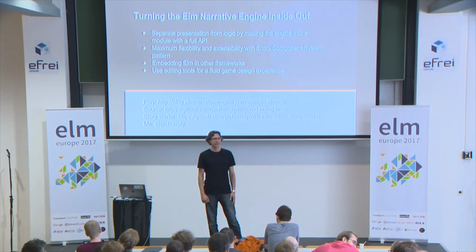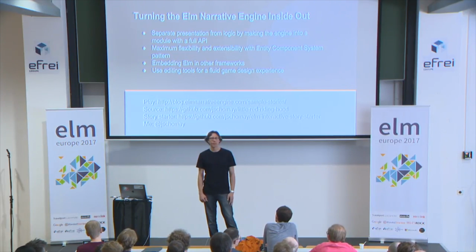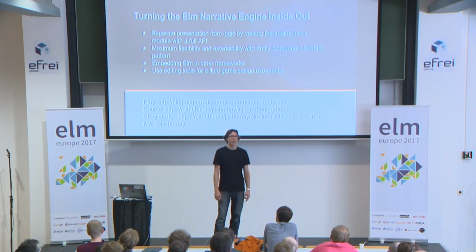Thank you. I also played around with Phaser before, but before I knew Elm or anything. So how much code did you have to write actually in Phaser and JavaScript to make the walking around and such? Yeah, how much code do I have to write for that? Not much at all. I have a very thin, basic level that knows how to handle arrow keys and move the character, which is like 20 lines of code.